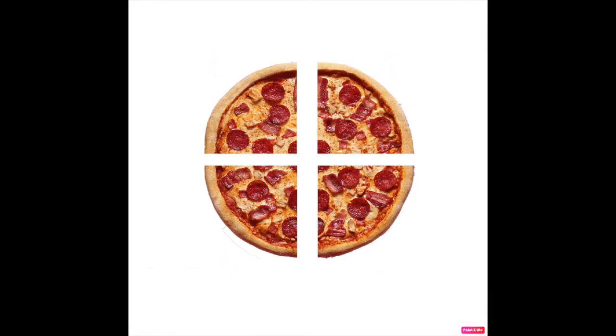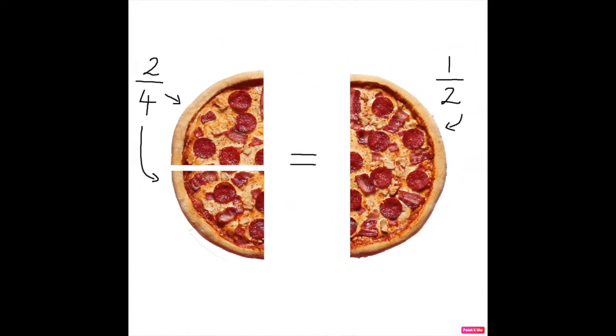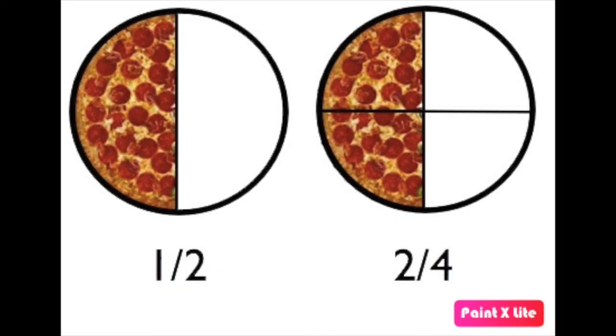And there are 4 quarters in a whole. Did you notice? 2 quarters is the same as 1/2. In other words, 2 of 4 equal pieces is the same as 1 of 2 equal pieces. Meaning the rule is, there are 2 quarters in 1/2.